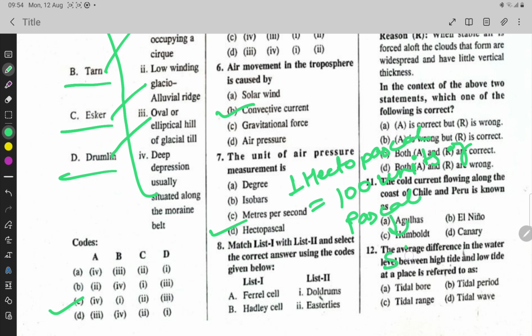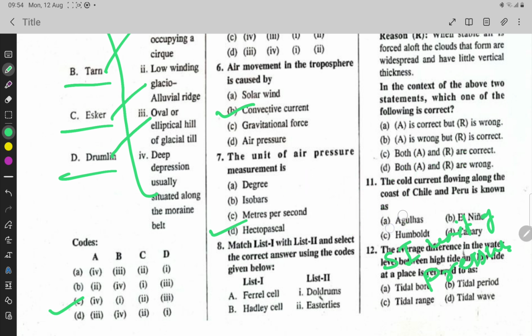Pascal is the SI unit of pressure. So well, this hectopascal is also expressed in terms of millibars.